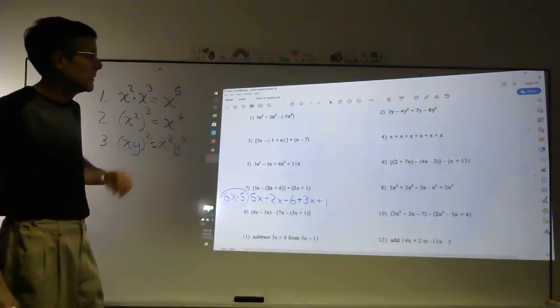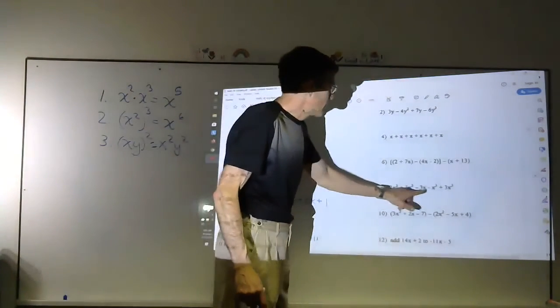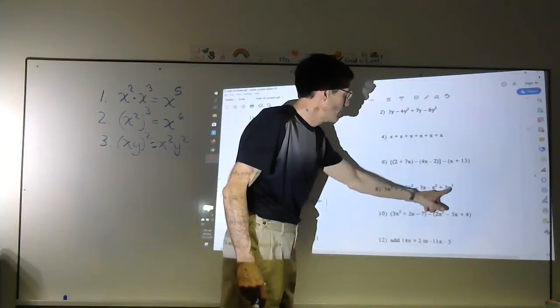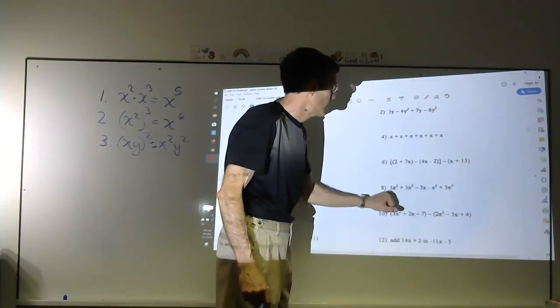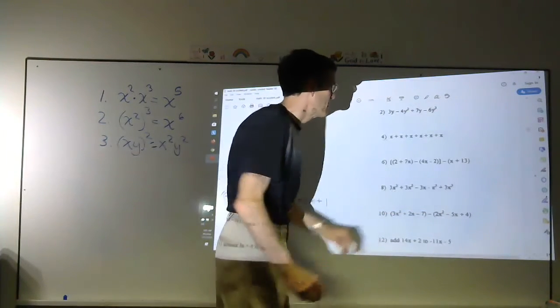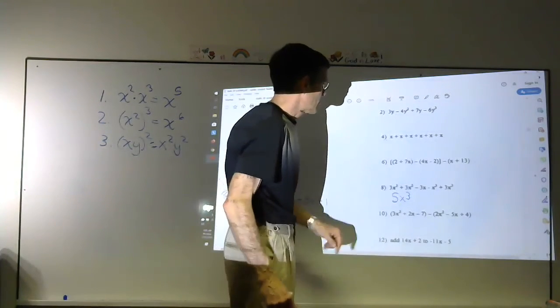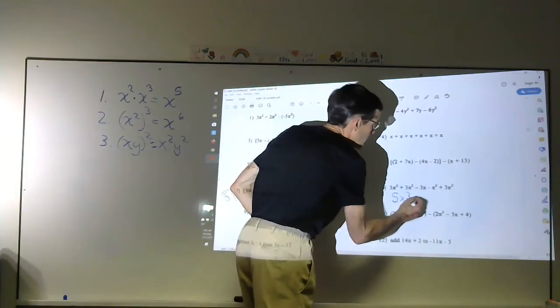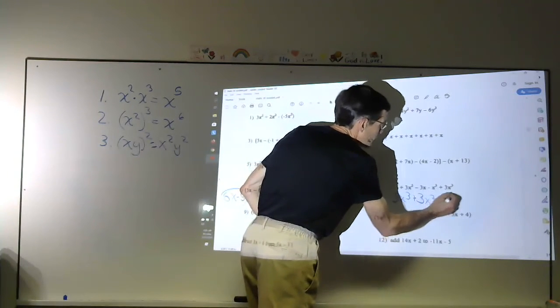There's the answer to that one. Number 8. X cubes, here, here, and here. 3x cubed minus an x cubed is 2x cubed, plus 3 more is 5x cubed. 3x squared, it's the only one. And then minus 3x.